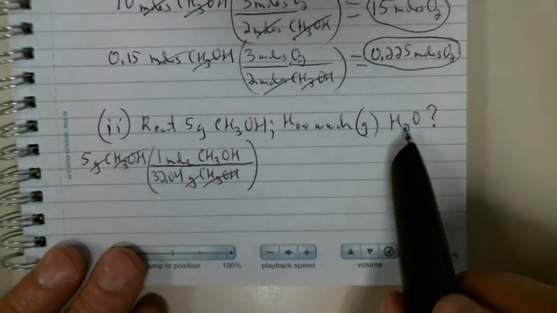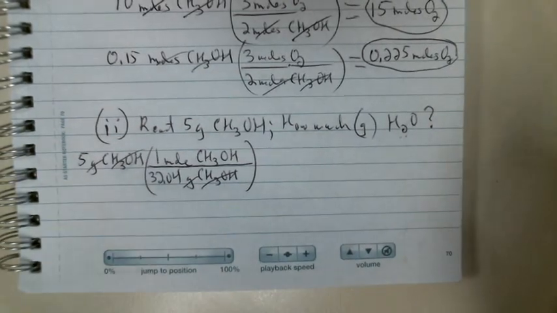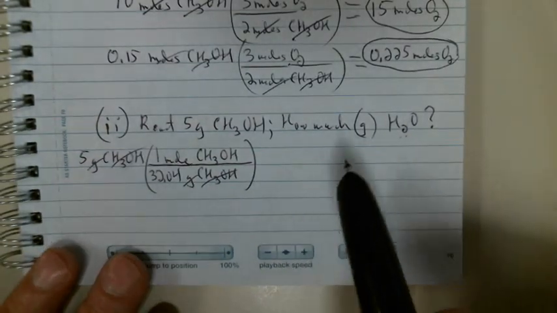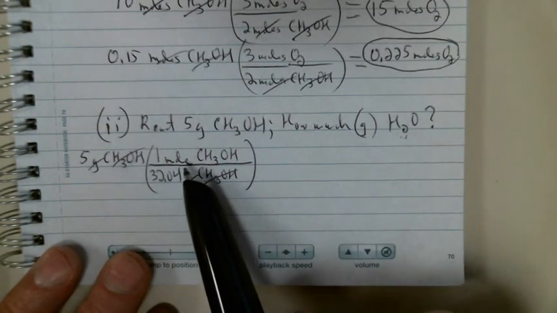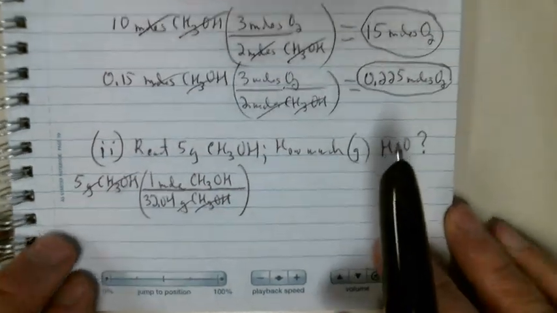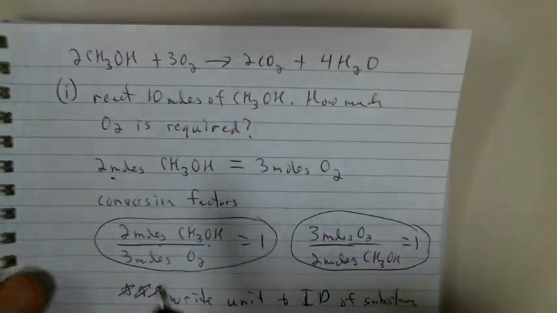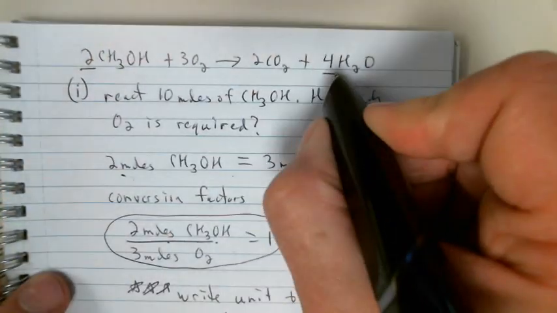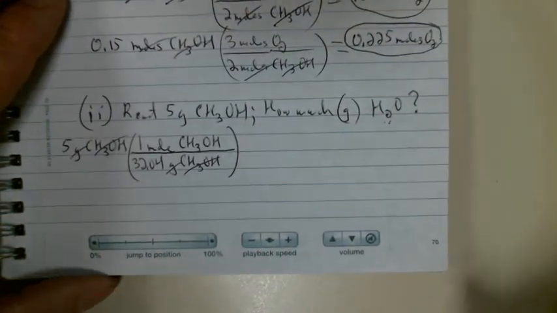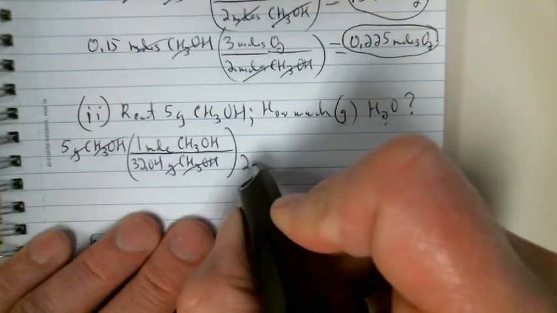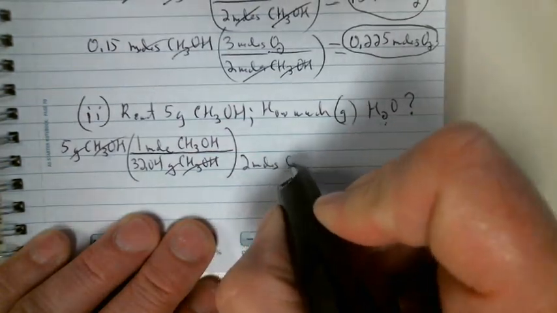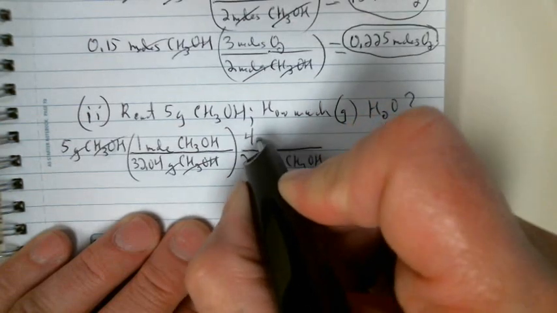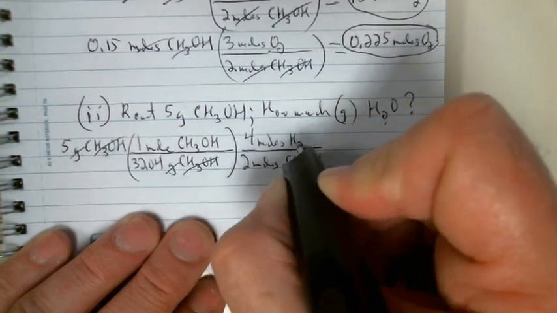We want to get to the amount of water. Moles are the currency of chemistry, right? Moles are the amount. We need to go from moles of methanol to moles of water. So we go up to our reaction and we see that 2 moles of methanol will produce 4 moles of water.